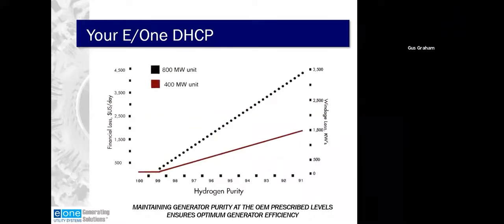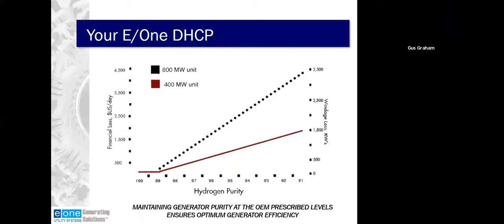We mentioned the role that the DHCP plays in efficiency on the prior slide. On the screen in front of you is an example of a study that was conducted some years ago. The study was conducted on a coal-fired generating plant. So the exact figures on the screen may not apply to your generator today.